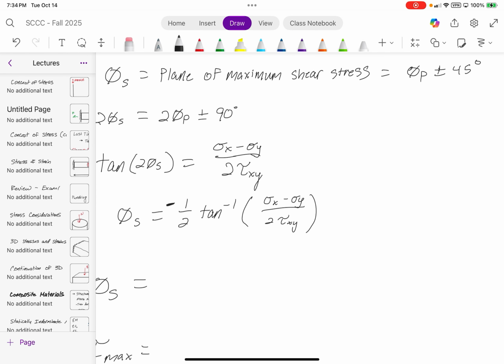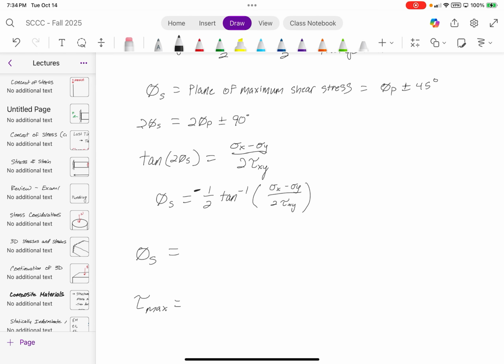I think this equation is supposed to be negative, because your maximum stress angles should be positive 22.5 degrees and negative 67.5 degrees.